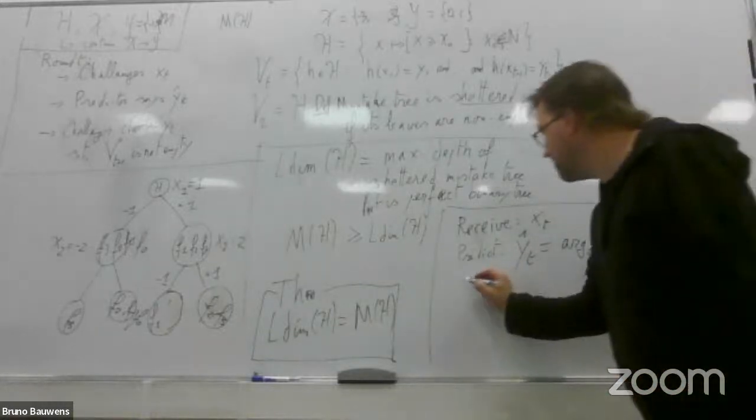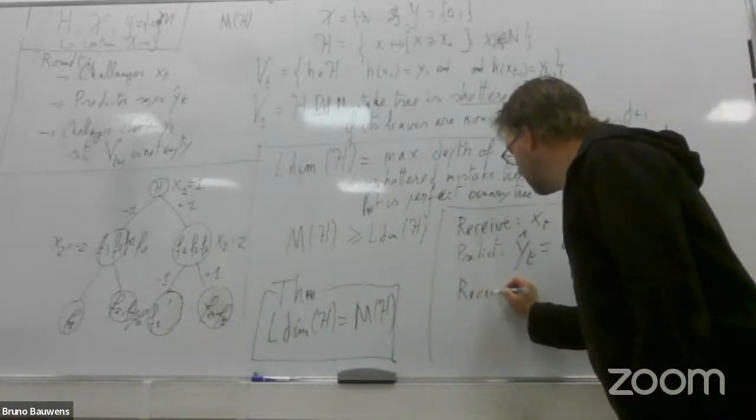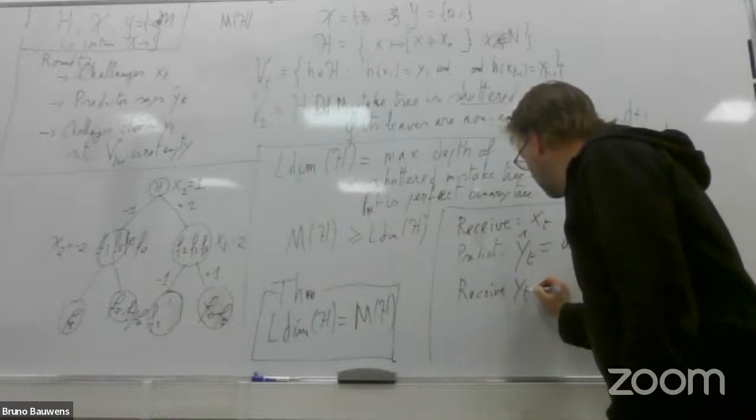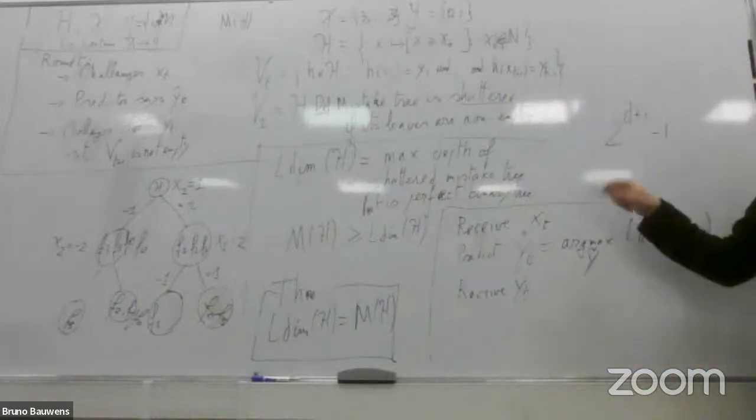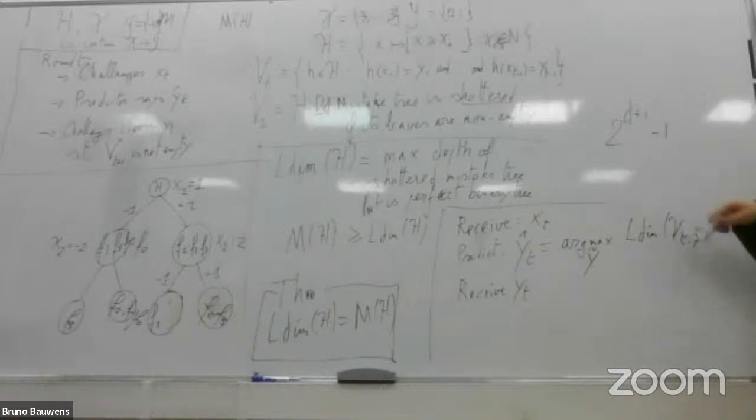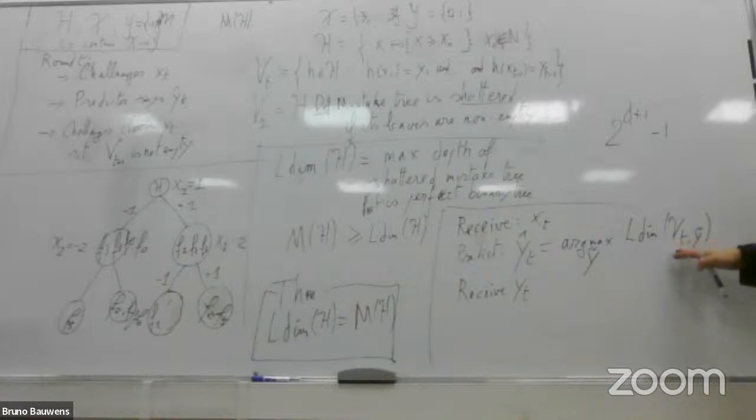And then we receive the correct label. So this is our strategy, repeated infinitely often for challenger. Okay, so let me clarify.